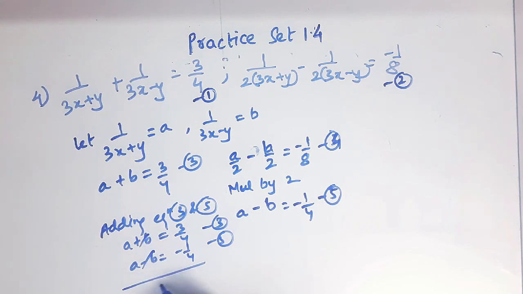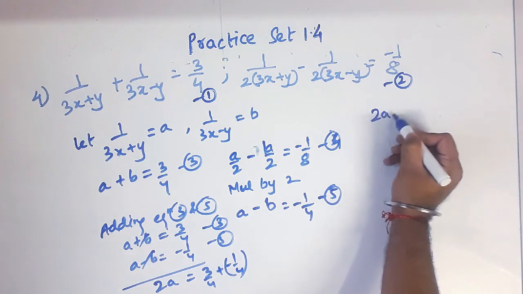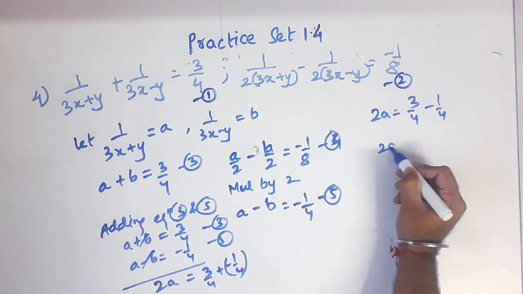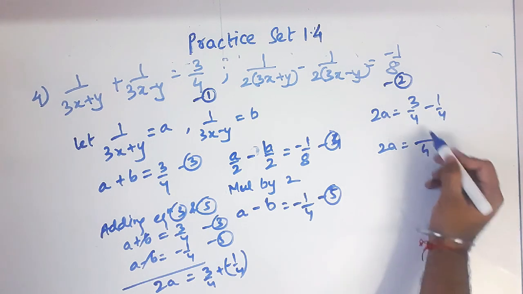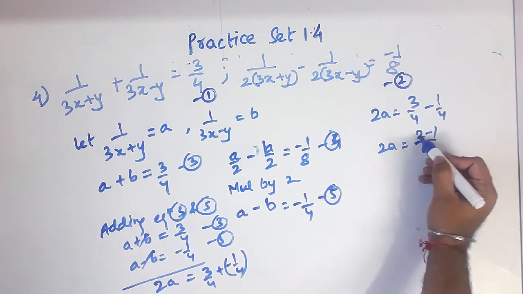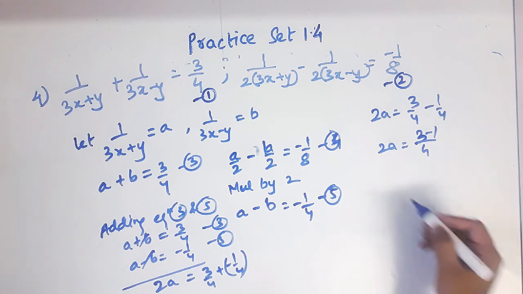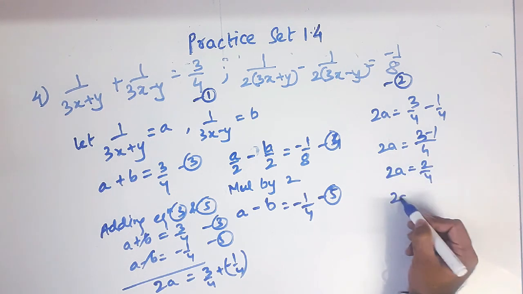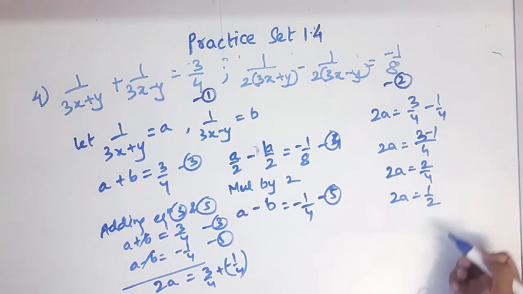Plus b minus b gets cancelled. 2a equals to 3 upon 4 plus minus 1 upon 4. Okay, so this will be 2a is equal to 3 upon 4 minus 1 upon 4. Since the denominators are same, I can simplify the numerators. This is 3 minus 1. Okay, so 2a will be 2 upon 4.